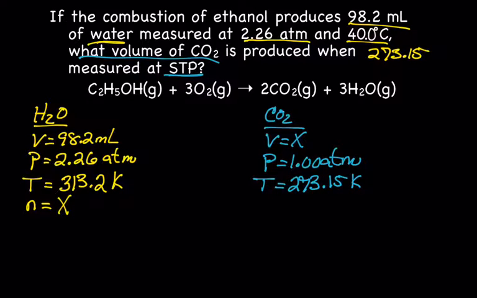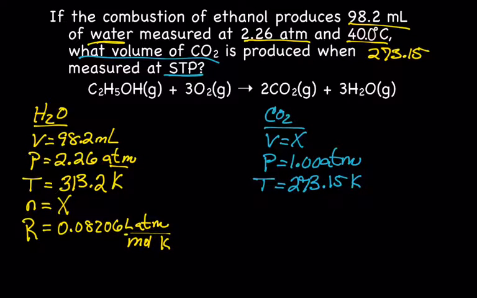So we need an R here. And our unit is in atm, which means we need to use 0.08206 liters atm per mole K. Also, we need to change our volume. Right now, our volume is in milliliters, which is not going to work.